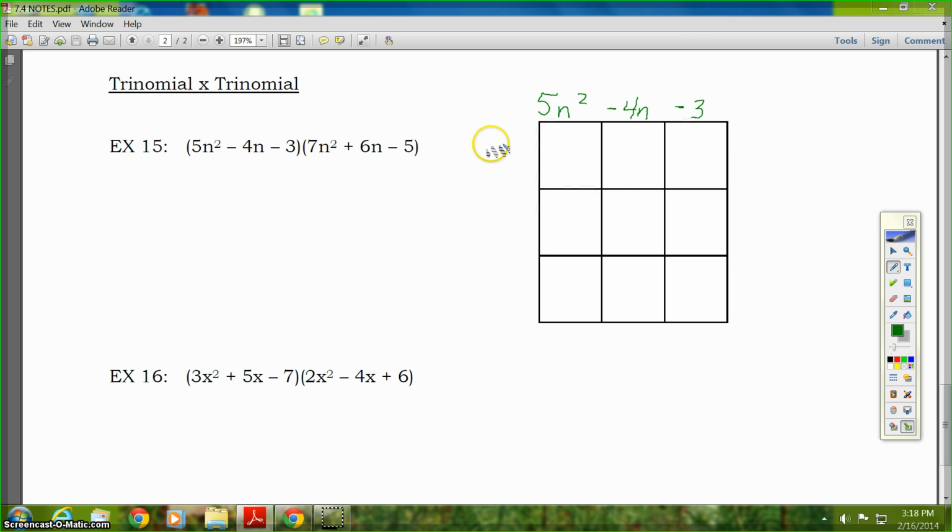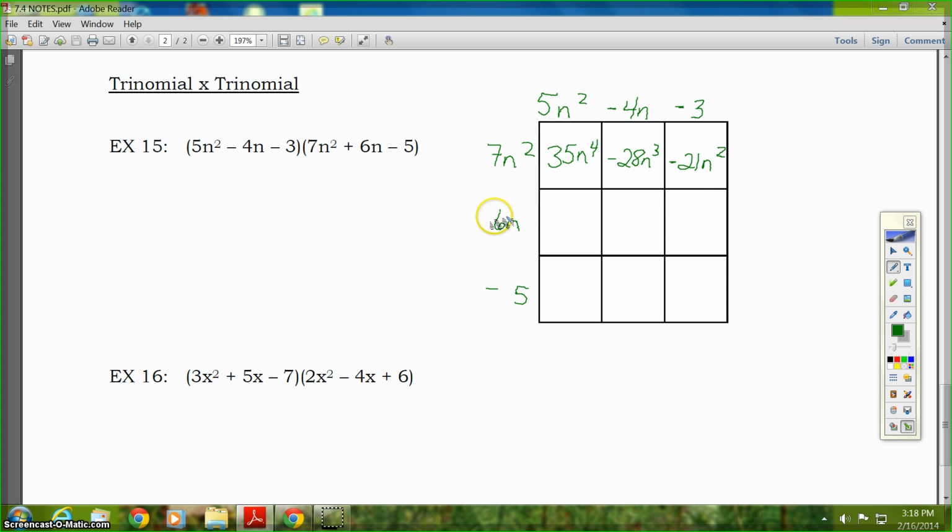And then I'm going to take my second trinomial, and that's going to be 7n squared, 6n, and then my negative 5. I'm going to multiply each one. So 7 times 5 is 35, and my n's, I add my exponents, so it's going to be n to the fourth. Then I get negative 28n to the third, and I get negative 21n squared.